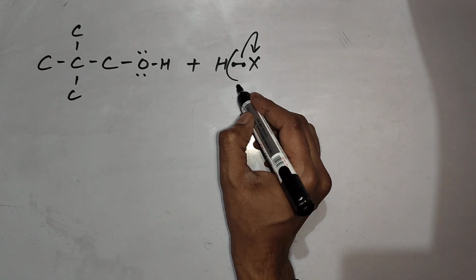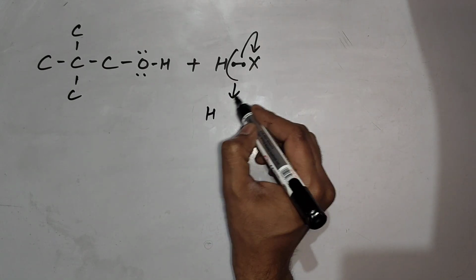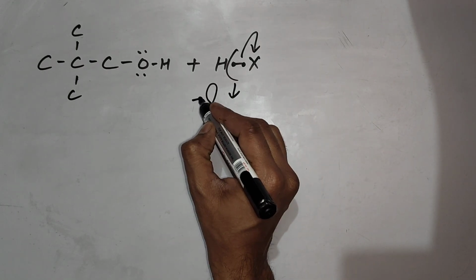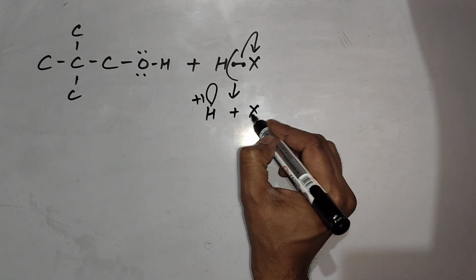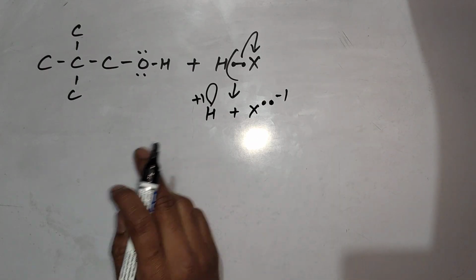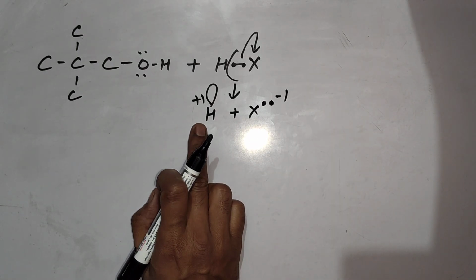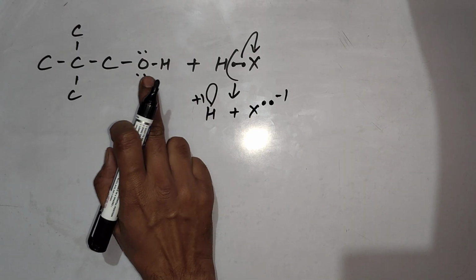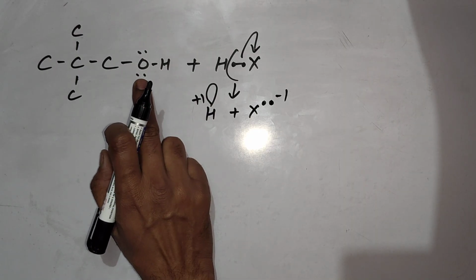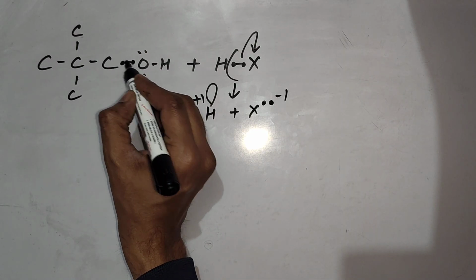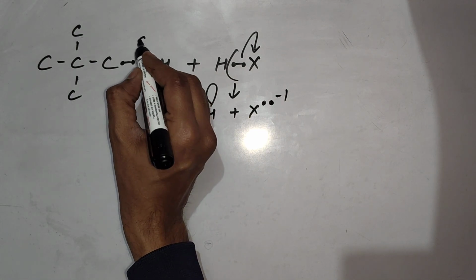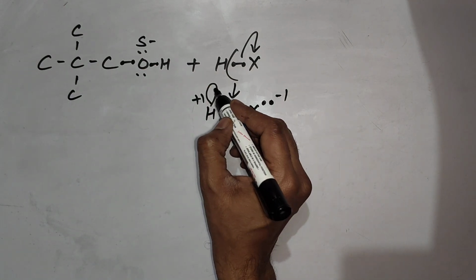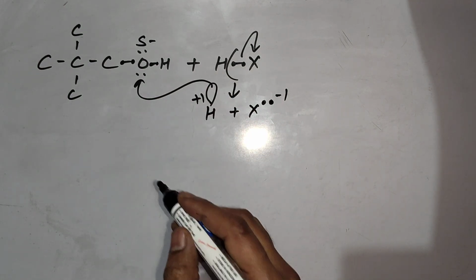The electrons will shift toward X due to higher electronegativity of X, and H will generate as an electrophile, X negative. Now this electrophile needs electrons, and who can provide electrons to it? Oxygen, carrying a lone pair, and also due to very high electronegativity, it is carrying a negative charge. So H will go toward it.